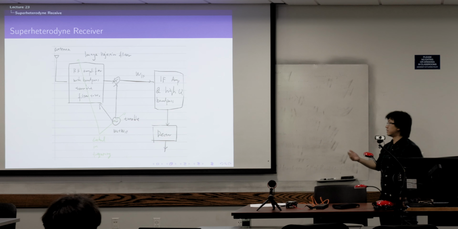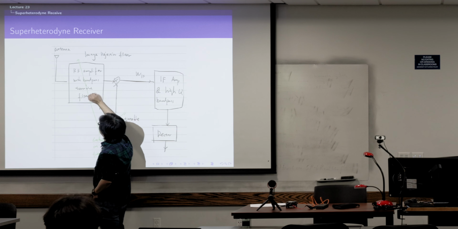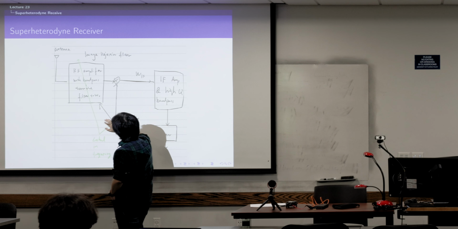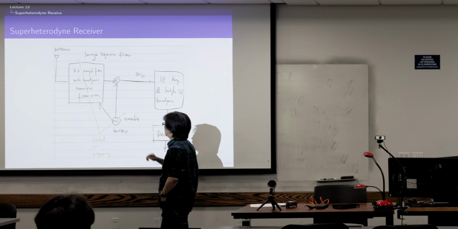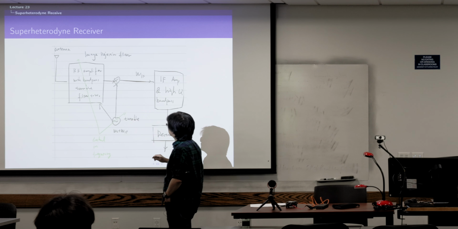So what we do is like this. We use the RF amplifier with a bandpass filter tunable to the frequency of omega C, to filter the image station out, right?